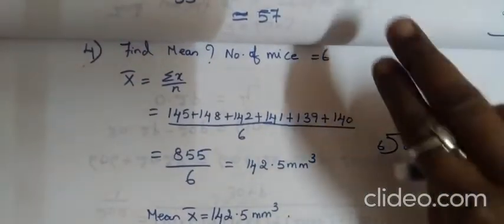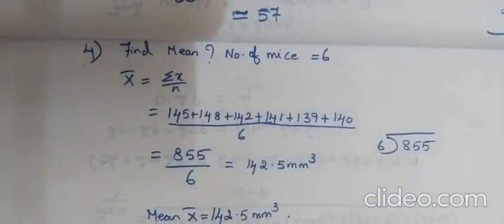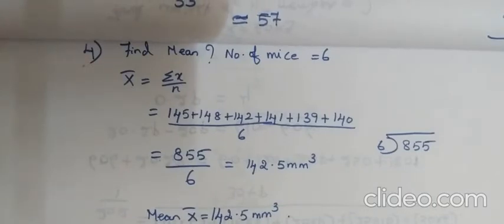So what are they doing here? In a laboratory, 6 mice with lung cancer are treated using natural medicine. After 10 days, they measure the tumor in each mouse and give the result in the next tabular column.